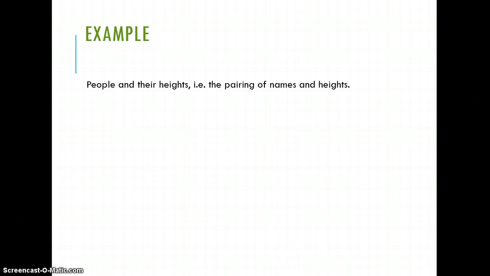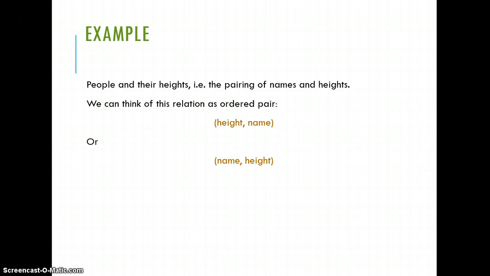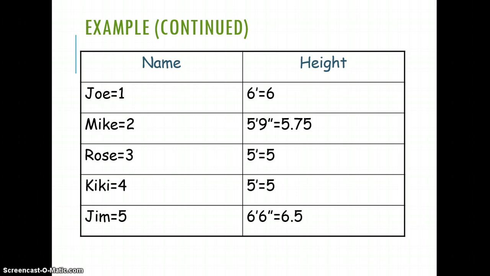So let's say that student A, his height is 5'7", and student B, his height is 3'4", etc. So we can think of this relation as an ordered pair. Height and the name, or name and the height, whichever it could be. But there should be a relation between both of them.